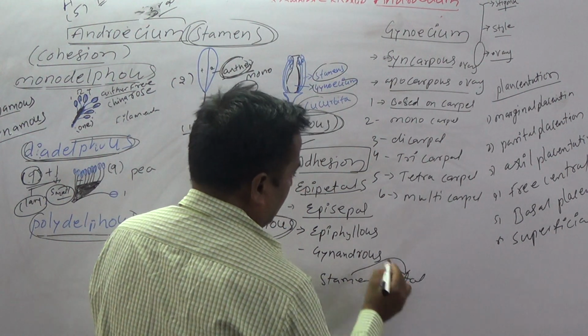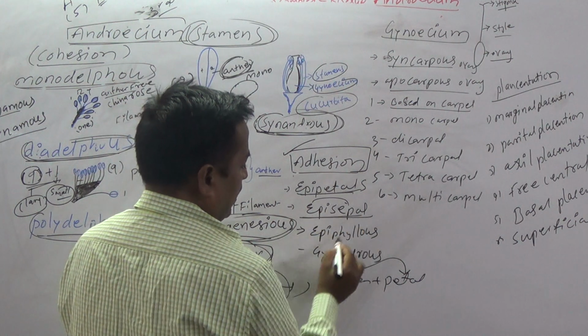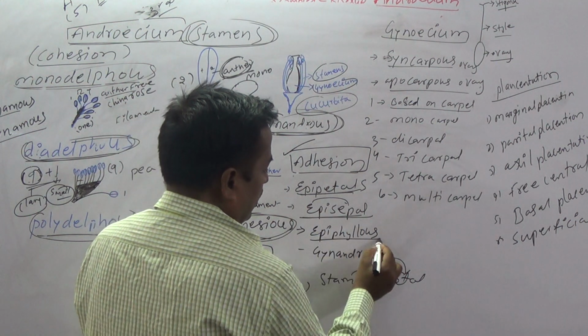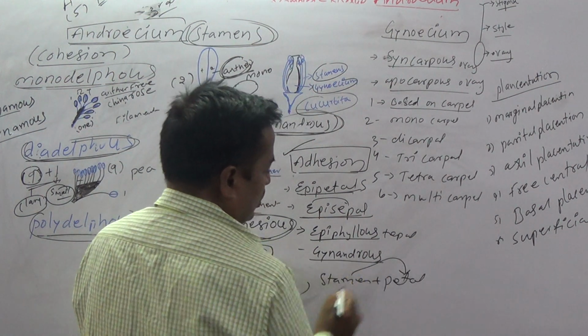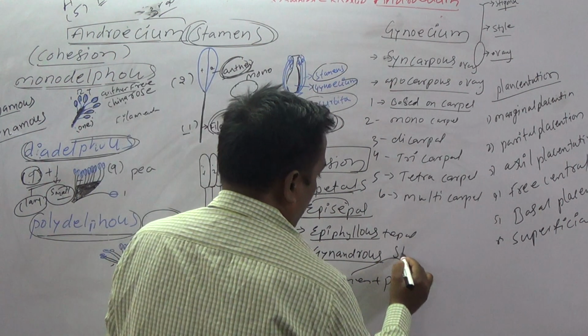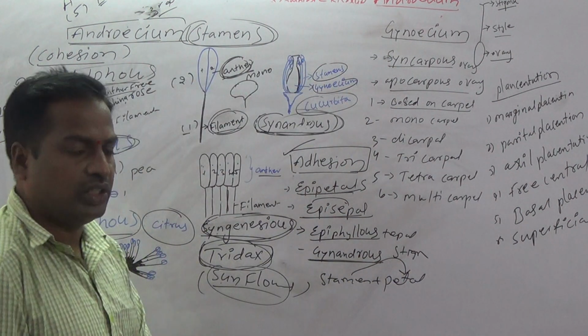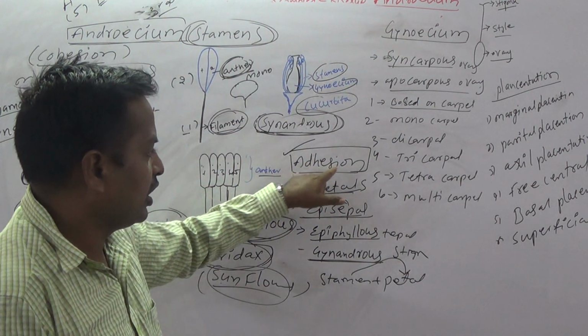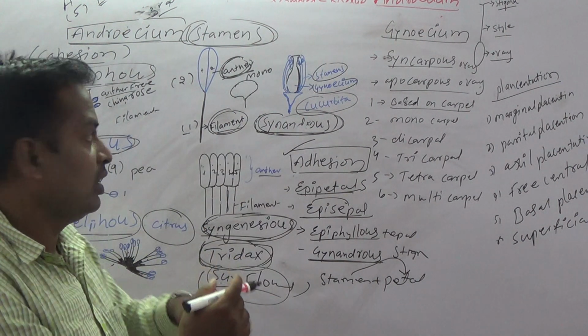Stamen united with petal is called epipetalous. Stamen united with sepal, episepalous. Stamens united with tepals, epiphyllous. And stamens united with stigma is called gynandrous.